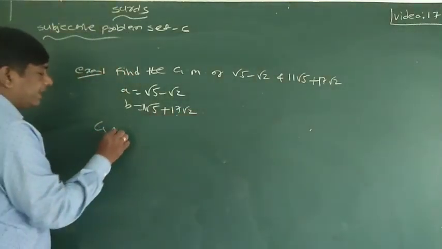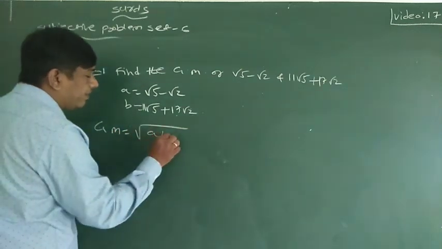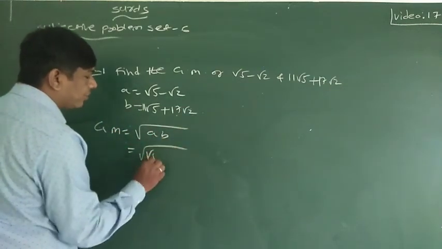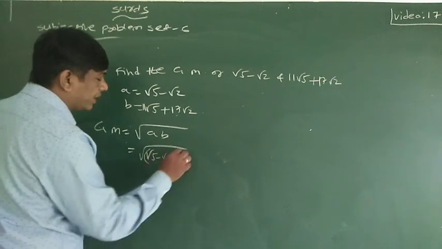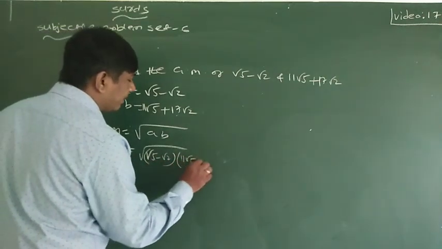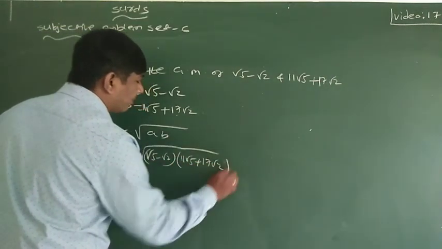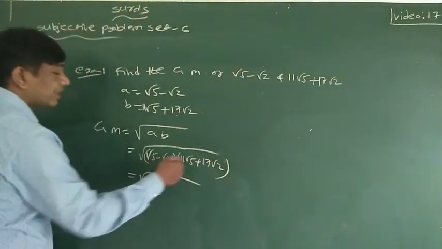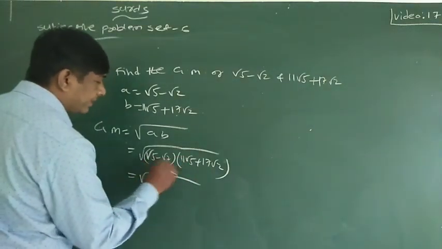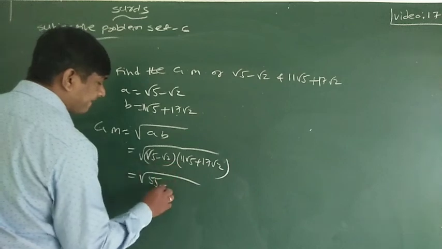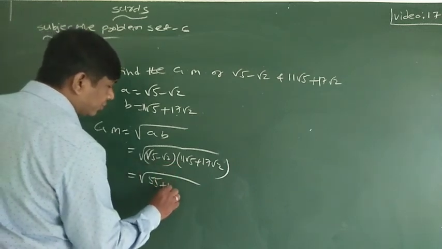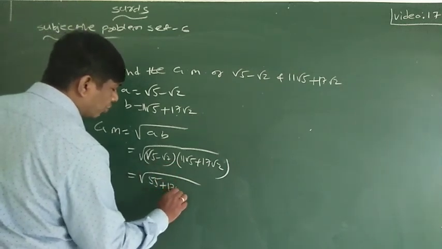Now geometric mean is equal to square root of AB. That is equal to square root of root 5 minus root 2 into 11 root 5 plus 17 root 2. Multiply these two. 11 5s are 55, plus 17 root 10.